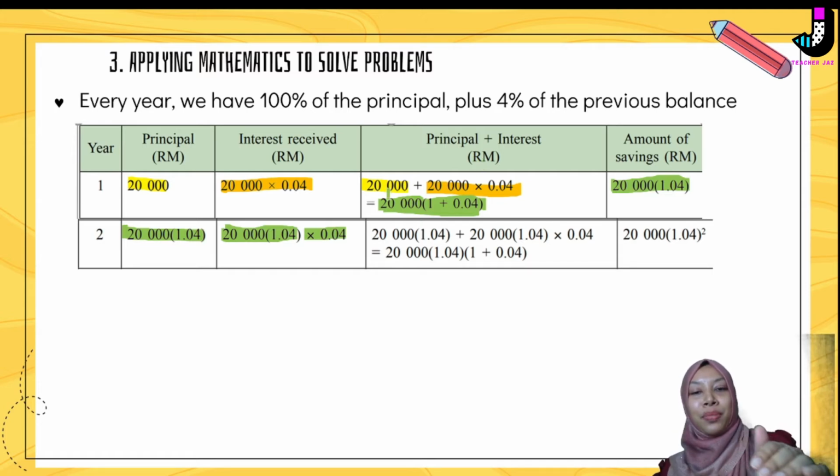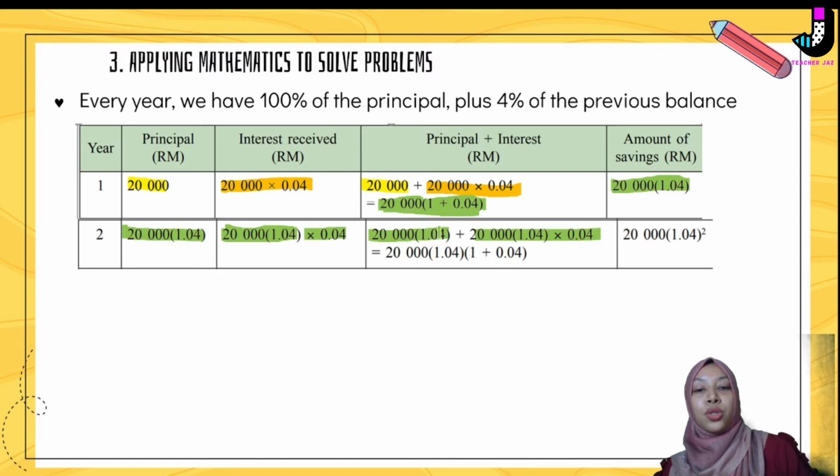From this data, then you will get this. The principal plus the interest will be, so this is the principal, and this is the interest.